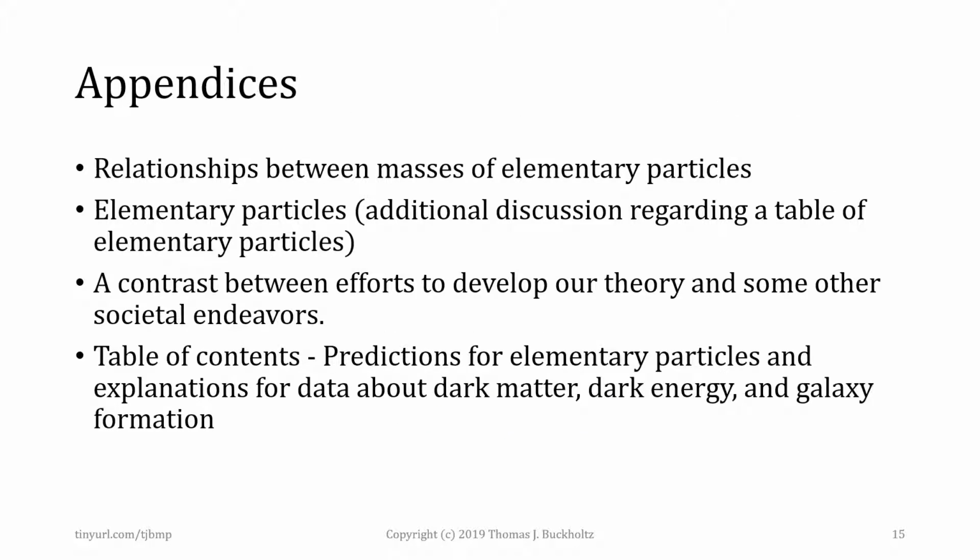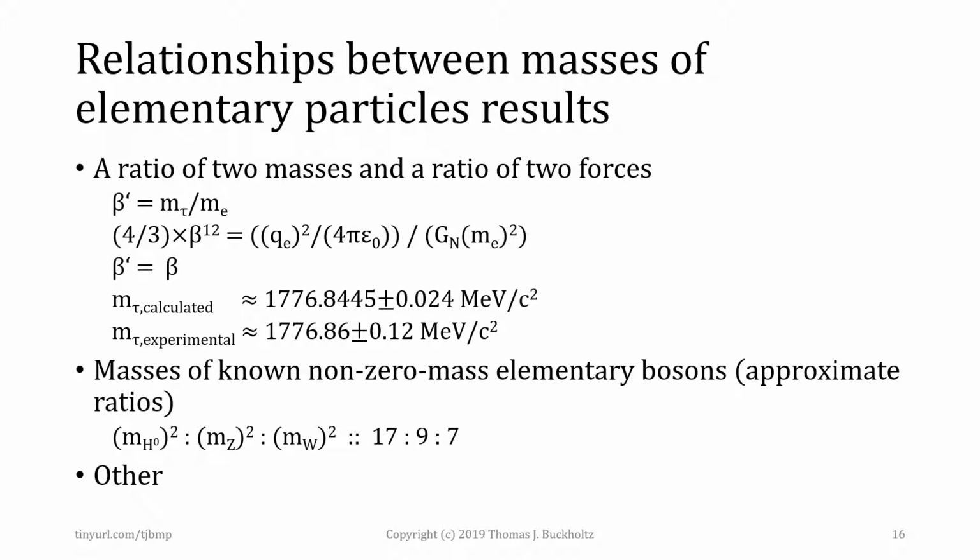We provide additional information about our research. Our research suggests that nature links the ratio of the masses of two elementary particles, the tauon and the electron, to a ratio of a strength of electromagnetism to a strength of gravity.